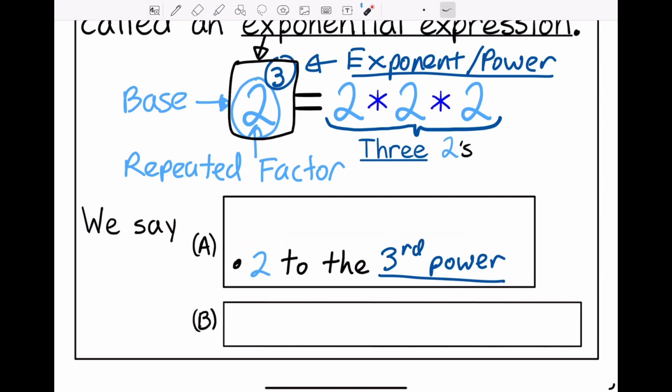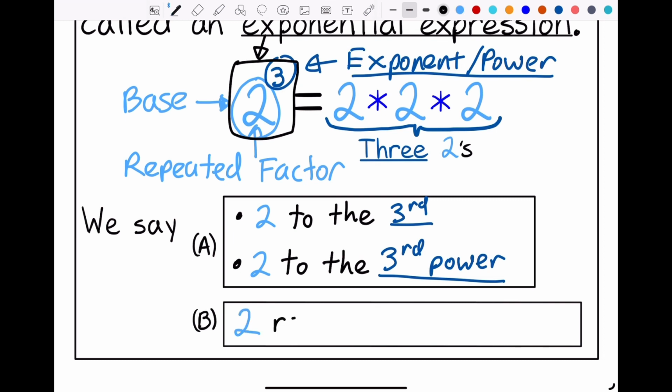The second way is just a shorter version of our first way, and we also say 2 to the third. So it's the same idea. The base is first, and then the exponent. The third way is, since the exponent is in the upper right hand corner of our base, sometimes we say that 2 is being raised to the third power.